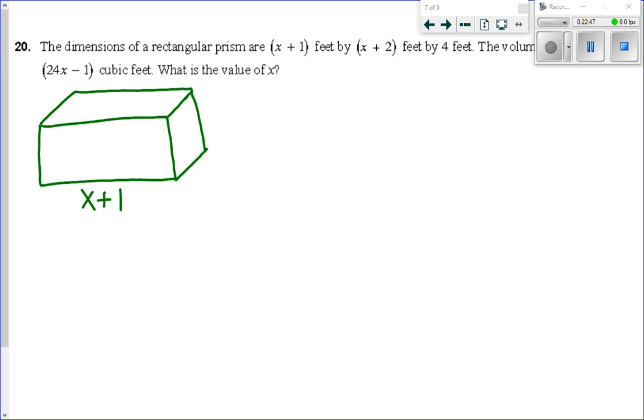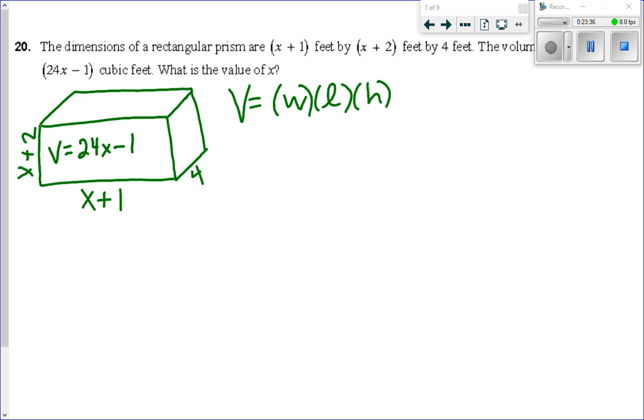All right, so we have x plus 1 and x plus 2 are our width and our length, and we're just going to call them width and length, and we're going to say that this 4 feet is our height, because volume is width times length times height, and we know our volume is 24x minus 1.